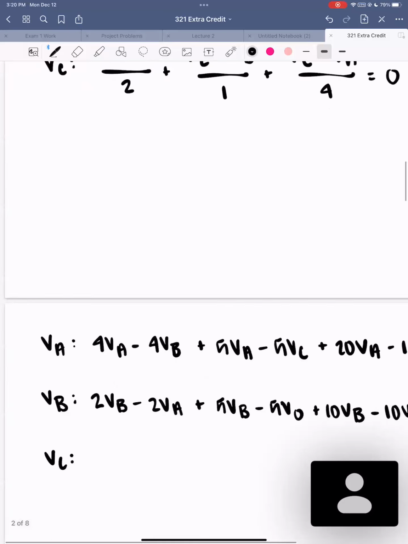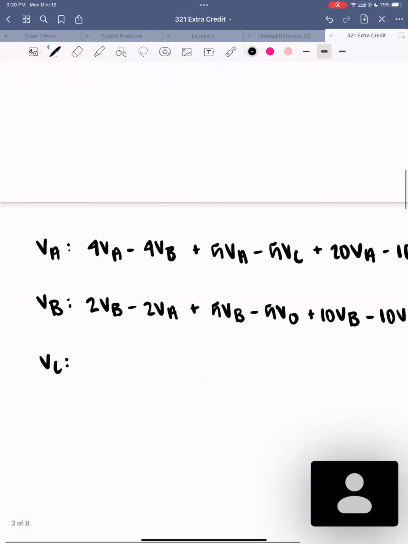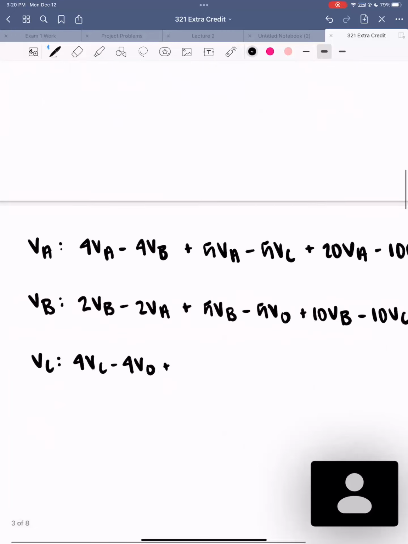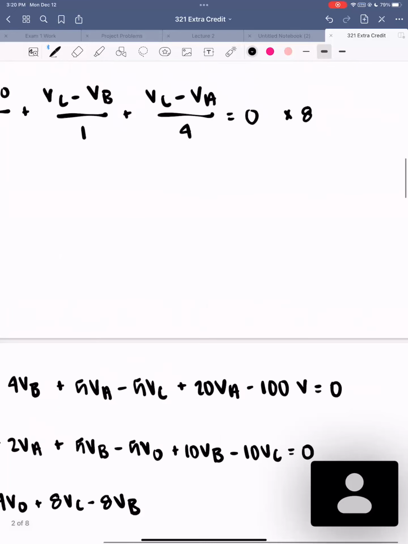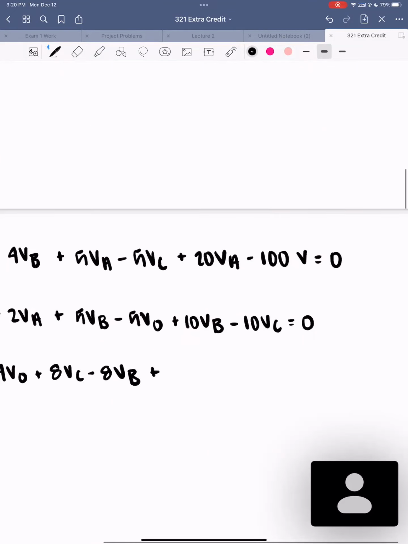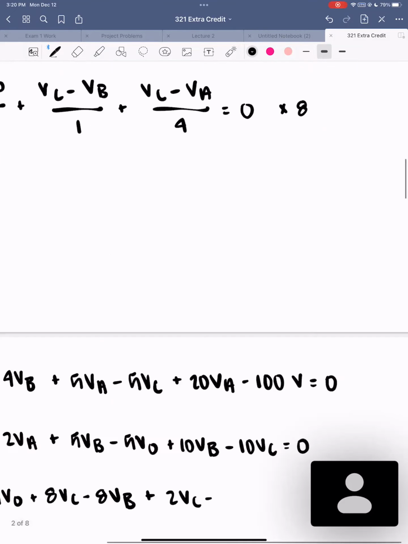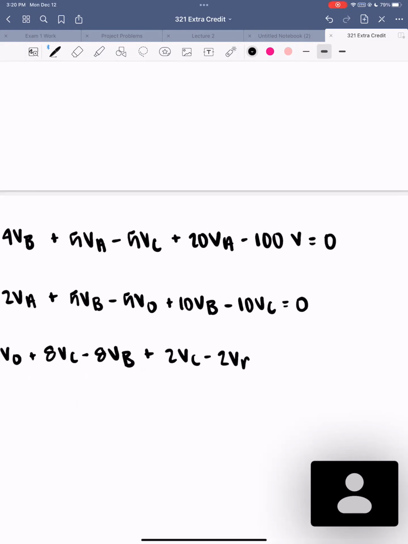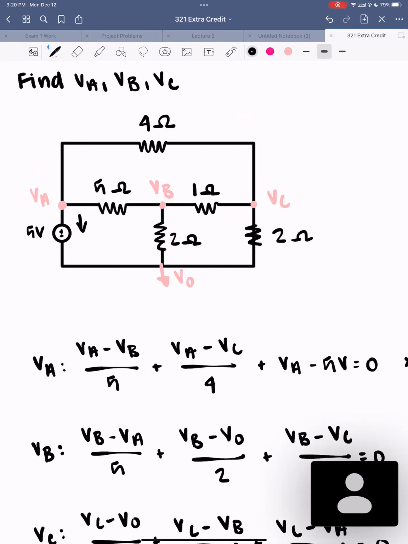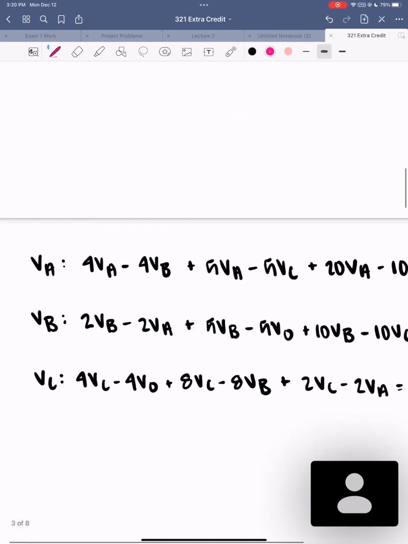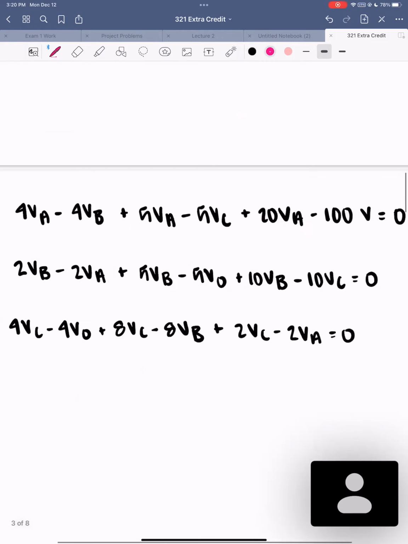So 8 VC minus 8 V out over 2, which gives us 4 VC minus 4 V out plus 8 VC minus 8 VB plus 2 VC minus 2 VA, all equal to 0. And if we go back up to our circuit, V out is just ground, and ground is equal to 0. So we can get rid of all the V outs in our equations. So this goes to 0, and this goes to 0.